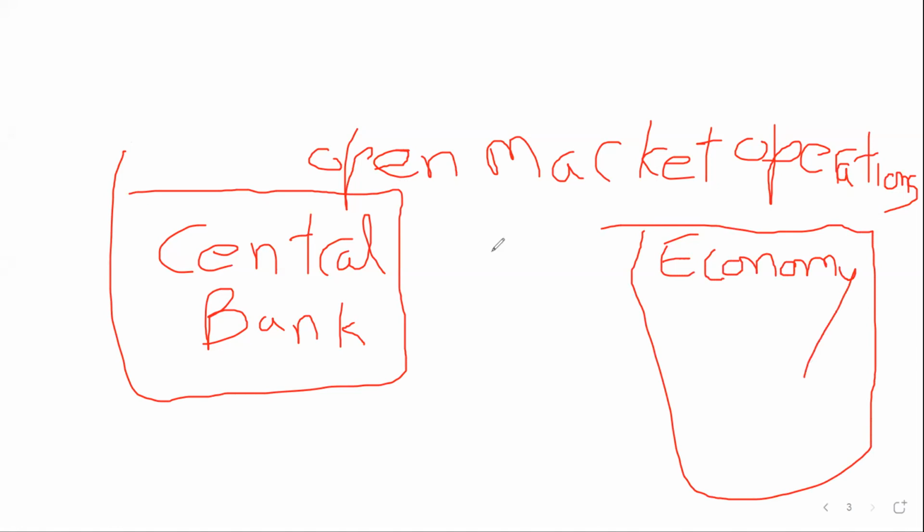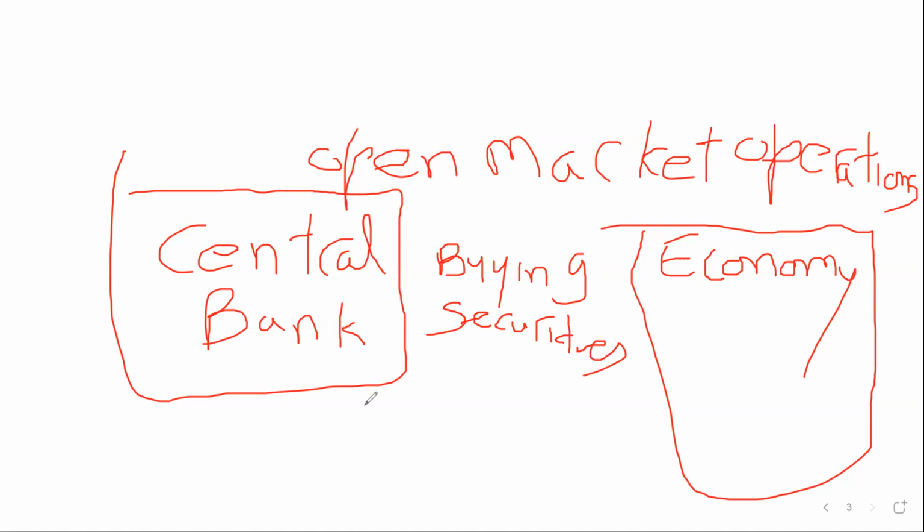The central bank feels that there is a need to expand the money supply. Then the central bank would start basically buying securities from people and companies in the economy.